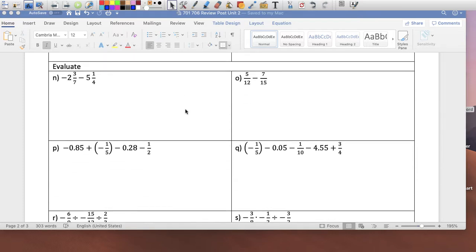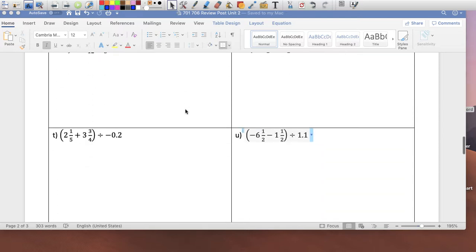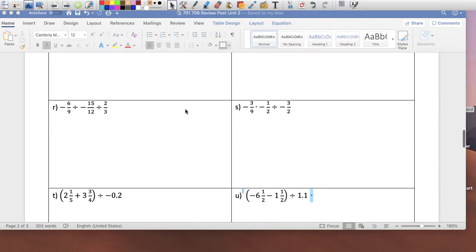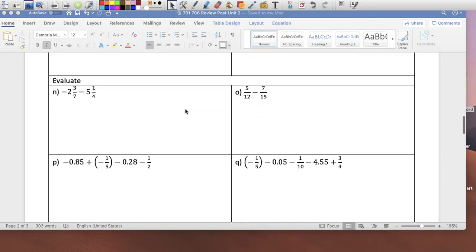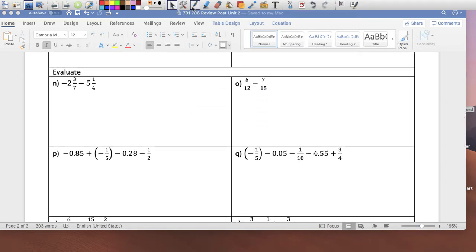These ones, I don't have a calculator, I can just do it. So you can do it, right? So it's negative. I change this to a mixed number. So it's going to be negative 14 over 7 minus 21 over 4. We're going to find the common denominator, which in this case is 28.